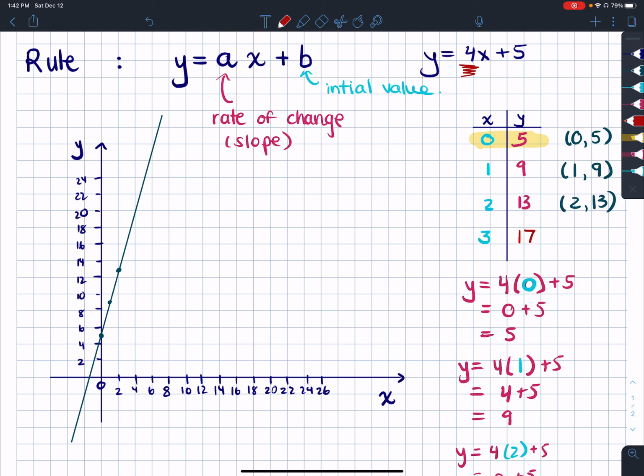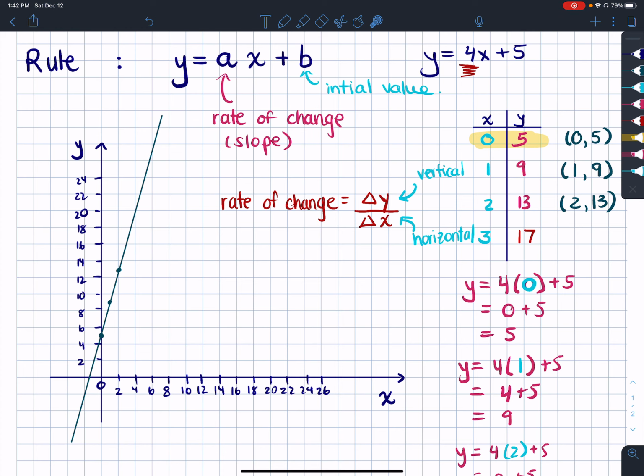So if we remember our definition of rate of change, we said that it was the change in y over the change in x, which means that's our vertical change over our horizontal change. And we always write this in the simplest way.